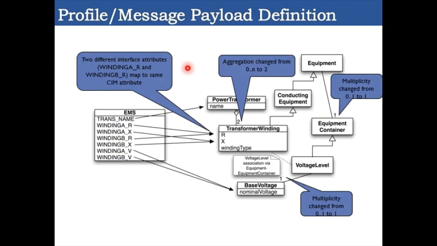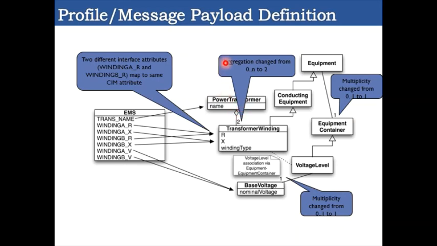So let's see how the profile or message payload will be created for this case. So eventually this is the work which the CIM plugin or the CIM adapter has to do. It will take data from EMS. These are the variables which are there in the EMS. Now plugin will map all those things to corresponding CIM objects.